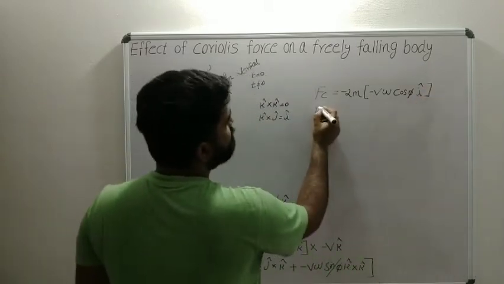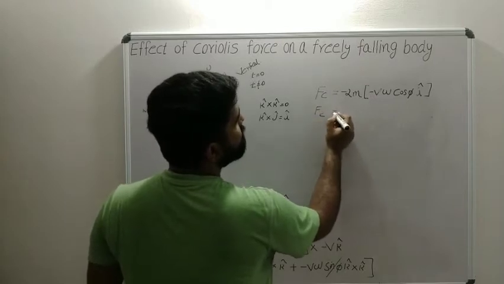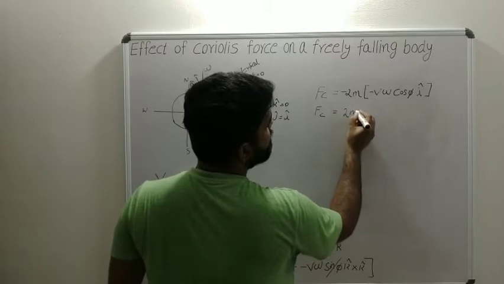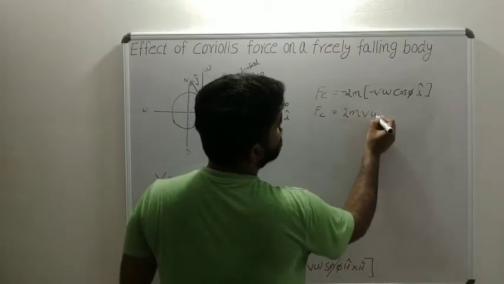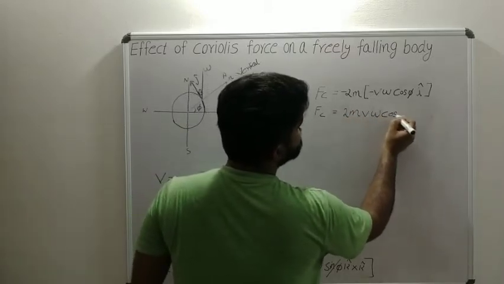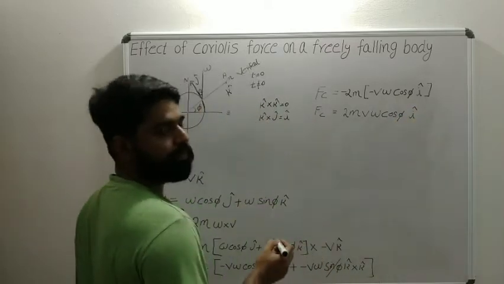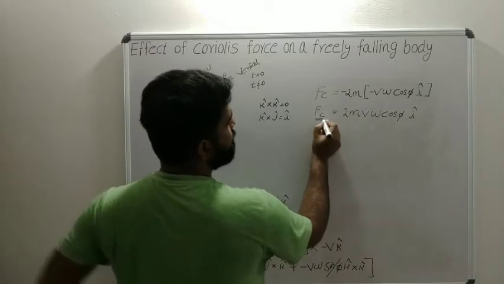So Coriolis force Fc is equal to minus into minus plus, then 2m V omega cos phi i cap. What is Fc?